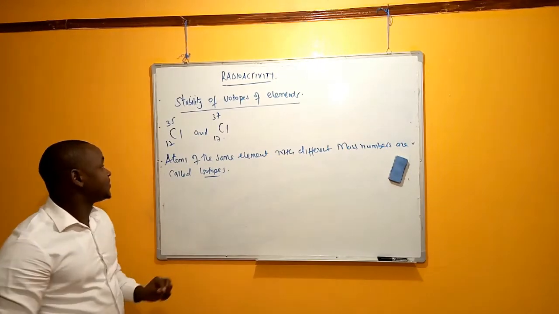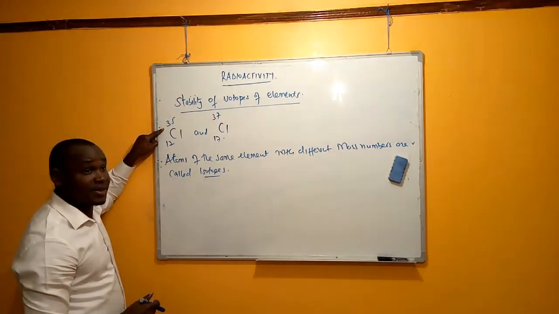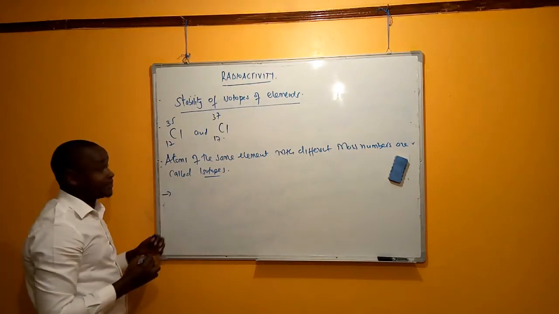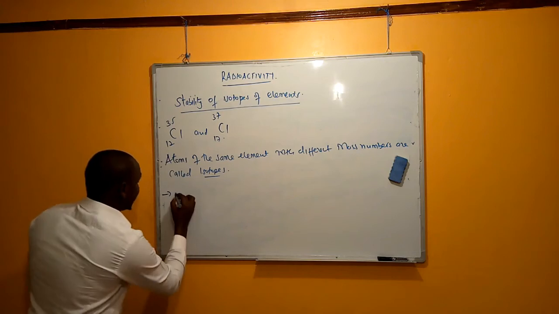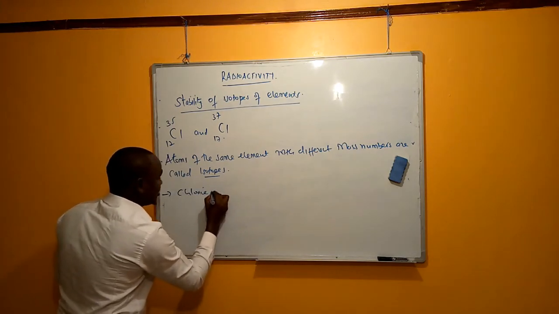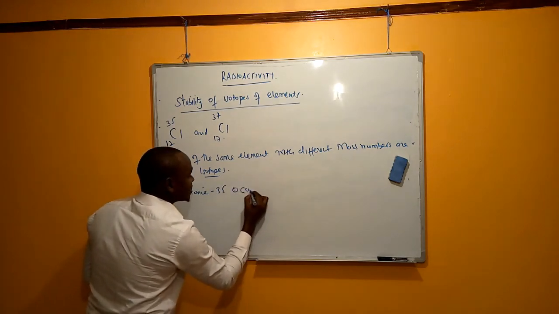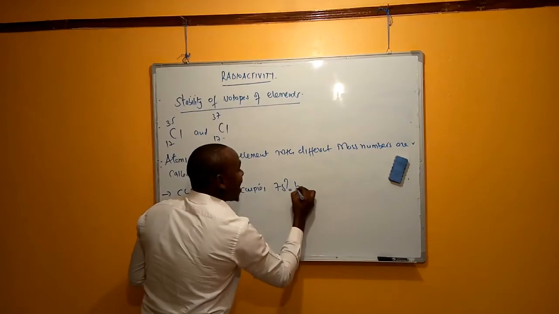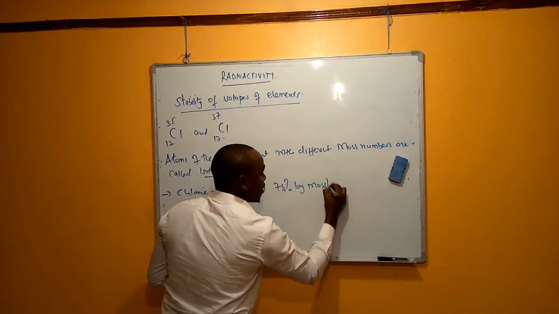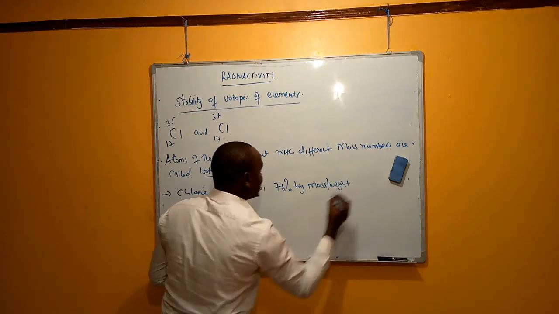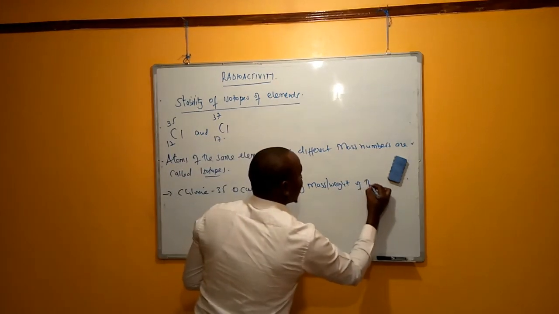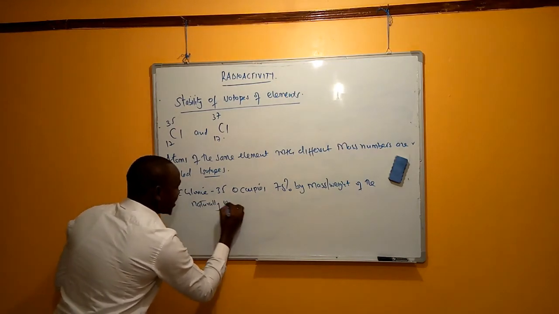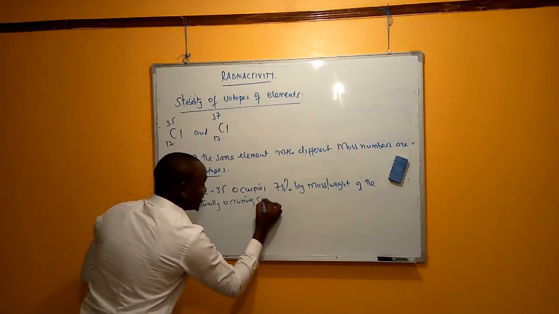But you find that, by mass, the isotope chlorine-35 occupies 75% by mass of the naturally occurring chlorine.